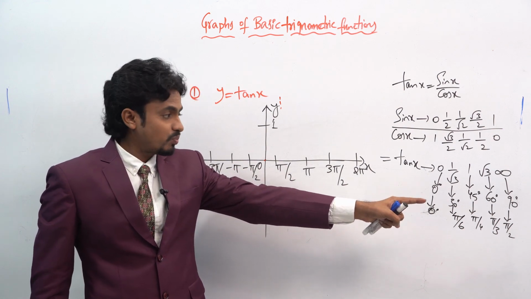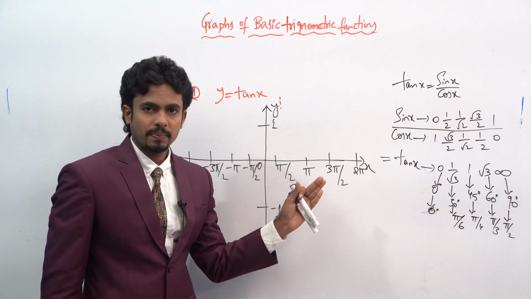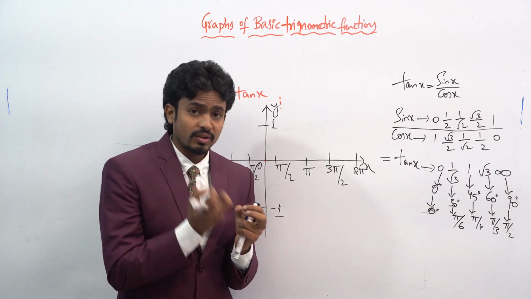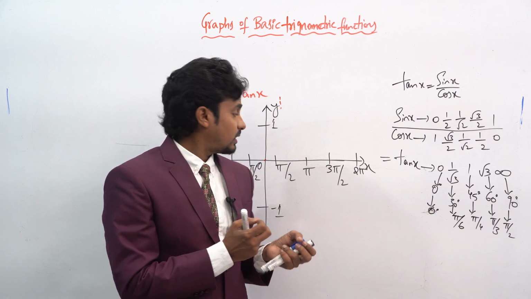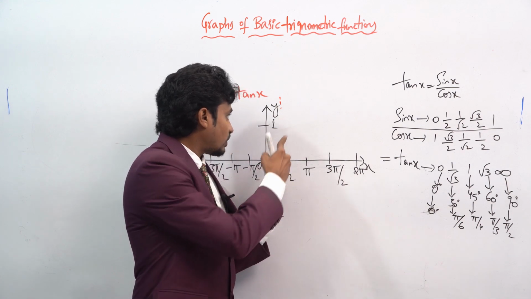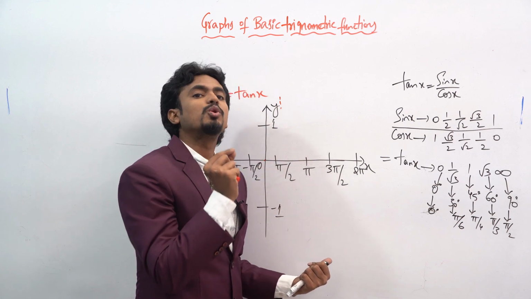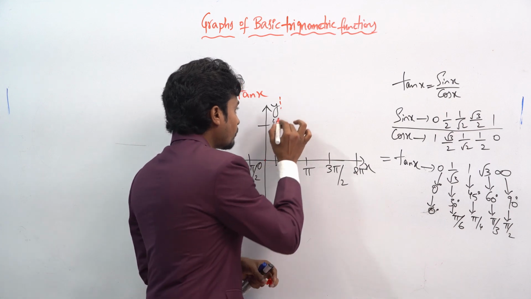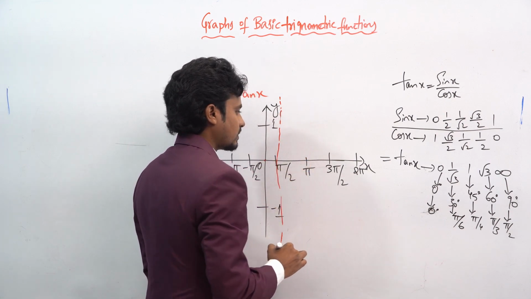At that time you have to just put some asymptotes here. That means wherever you get infinite, there you have to put asymptotes. That means there the value is infinite. For example, here at pi by 2 you can get the asymptote like this.